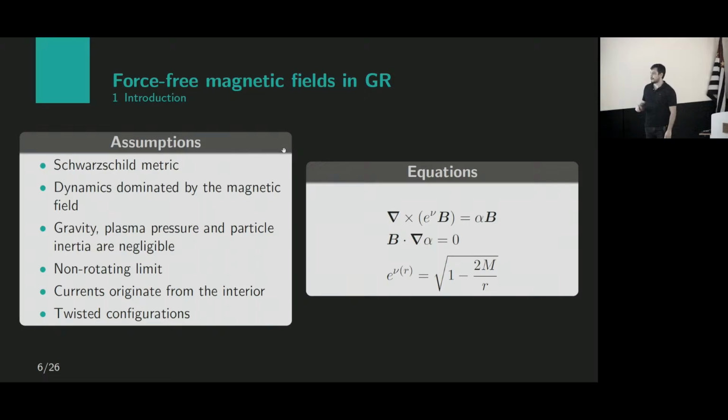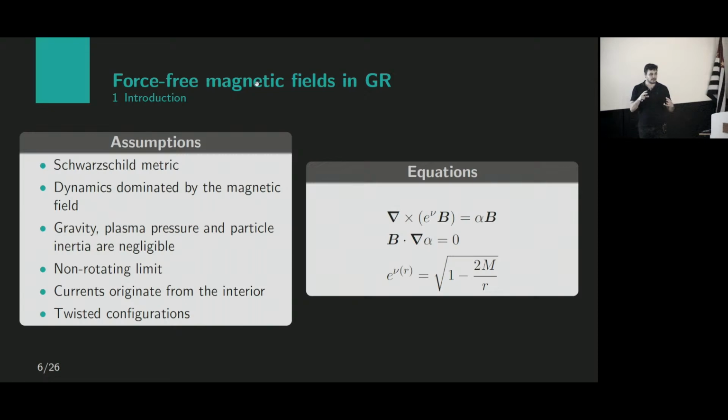Also, in the case of magnetars, they are slow rotators, so we can go to the non-rotating limit and ignore rotation and the electric fields that rotation induces. But we have to assume that some currents flow in the magnetosphere, and the origin of these currents is the interior of the star.